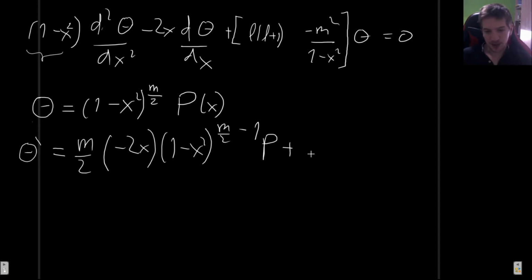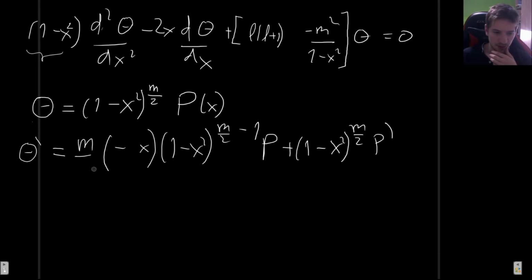And now the second part of the product rule, we get 1 minus x squared to the m halves times p prime. Here we can simplify a little bit. This 2 will cancel out the 2 in the denominator, so we are just going to get minus mx.